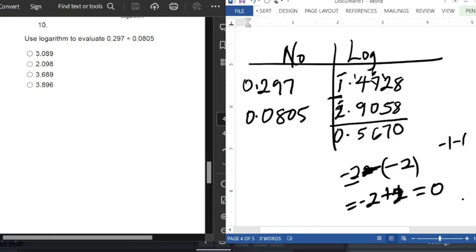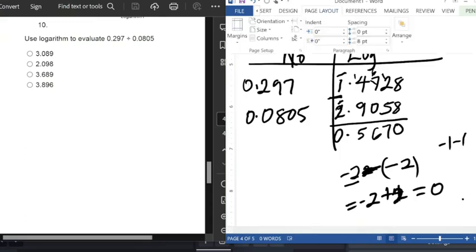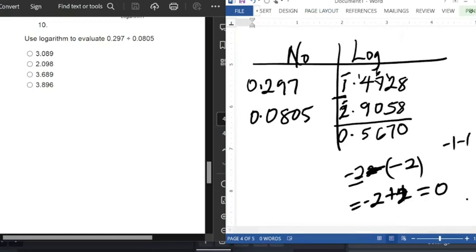Is that clear? So we're now going to check the antilog of 56 under 7 and difference 0. There's nothing like difference 0, so that means 0 there is not significant. So we just check 56 under 7 now. That gives us 3690.